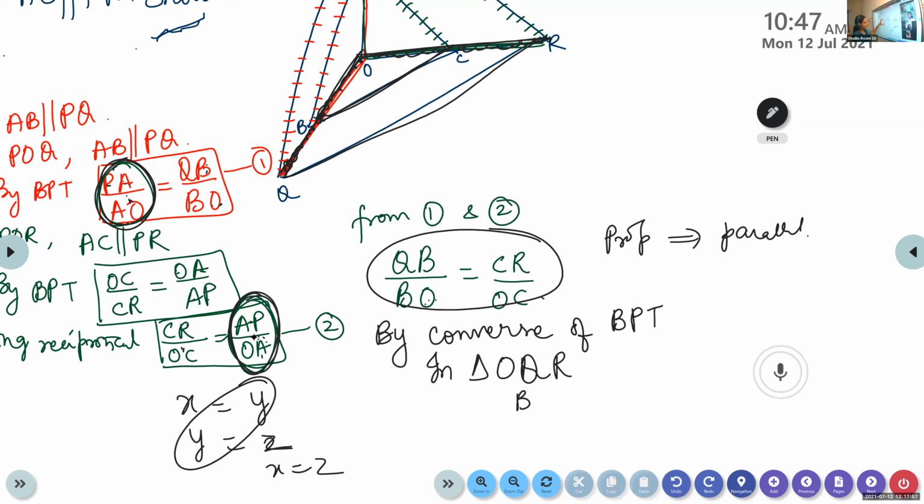Once we get the proportion, you have to check which sides are proportional. It is the part of which triangle? It is a part of the triangle OQR. Therefore, we get BC is parallel to QR. Hence proved.